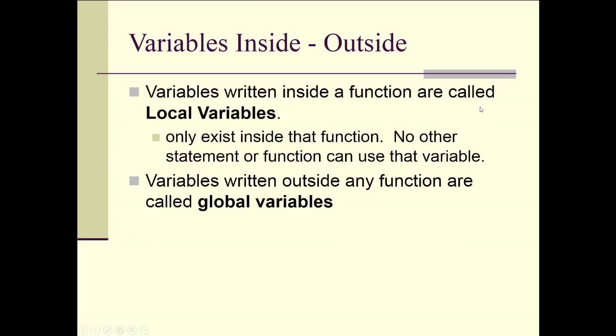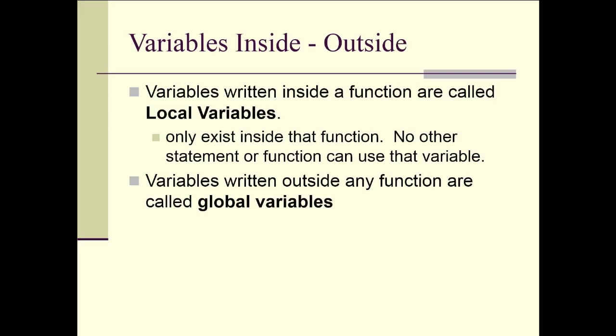Okay, let's talk about variables. You've already had a segment on variables, I hope. And so this is what I call variables inside-outside. Variables, as you remember, are a container in memory that holds some value. It could hold a string of text, or it could be actual numbers. Now, the variables that are written inside the function are called local variables.